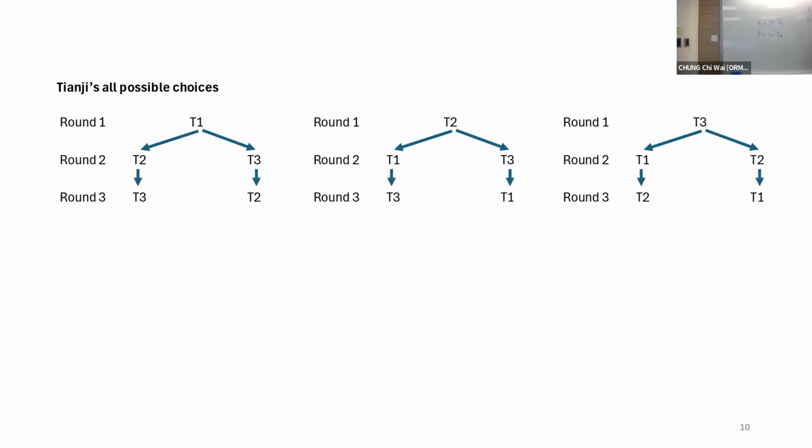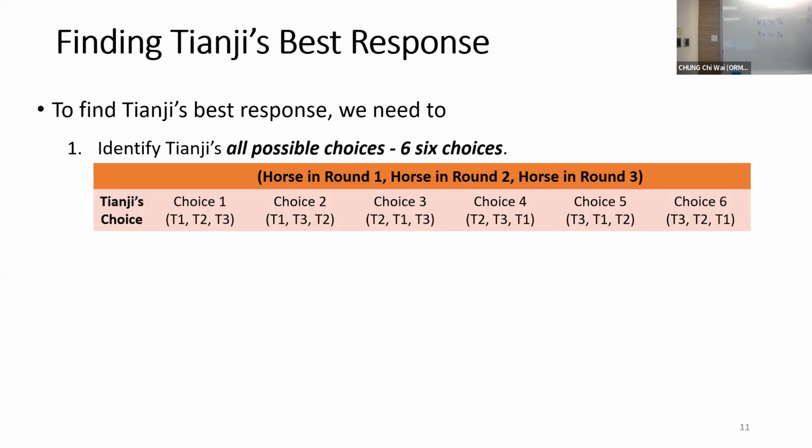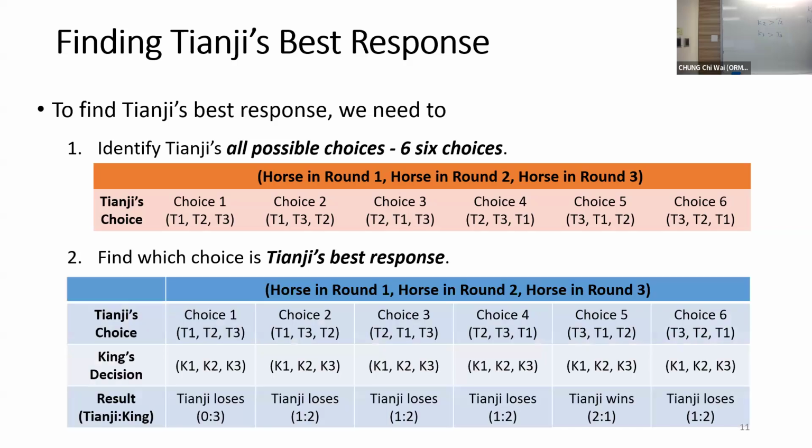If the king uses the sequence K1, K2, and K3 for these 3 rounds, you can see that if the king uses K1, K2, K3, the best response of Tianji to the arrangement made by the king.